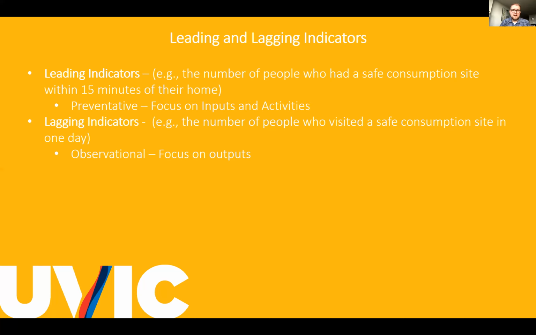And so these leading indicators will help you do that. And then the lagging indicators, as I mentioned, the number of people who visit a safe consumption site, are the thing that follows afterwards. And so generally we use these to measure outputs. And again, in process evaluation, you're wanting to capture inputs, activities, and outputs. So you should have both lagging and leading indicators.